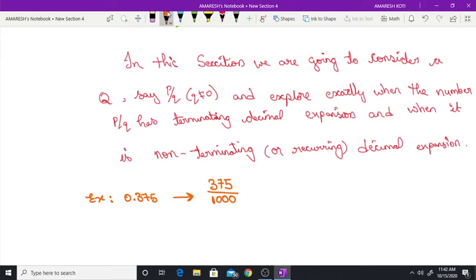After doing prime factorization, we get 375 equals 3 into 5 cube, and after doing the prime factorization of 1000, we get 2 cube into 5 cube.